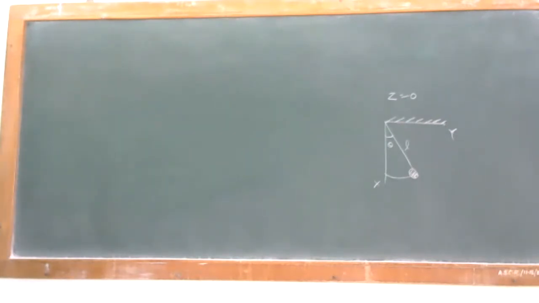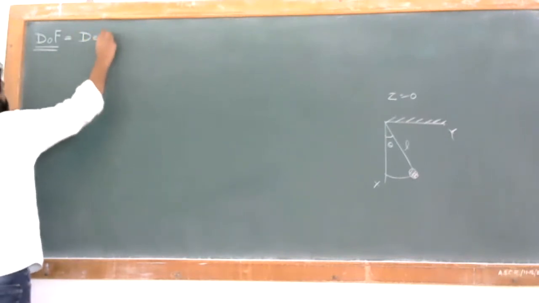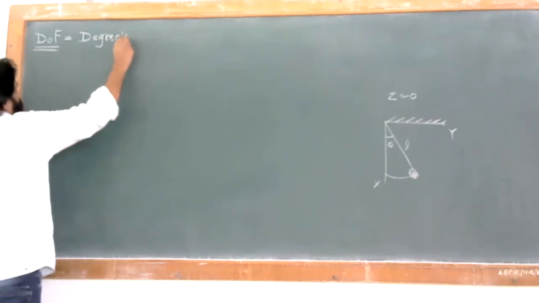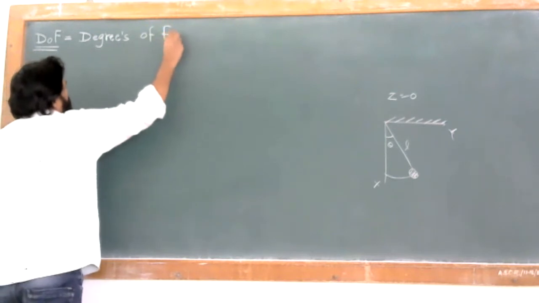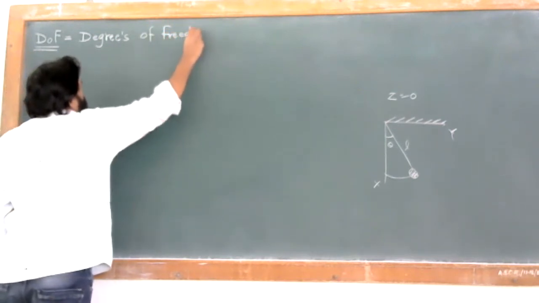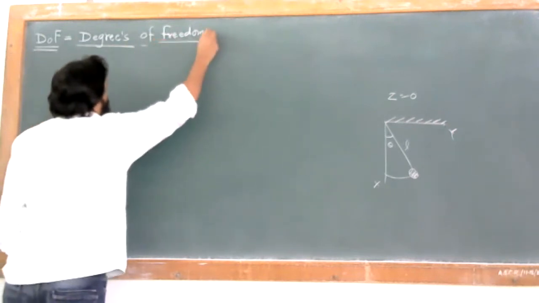Now we'll have the next thing, called DOF, which is nothing but degrees of freedom. So now look at this point.